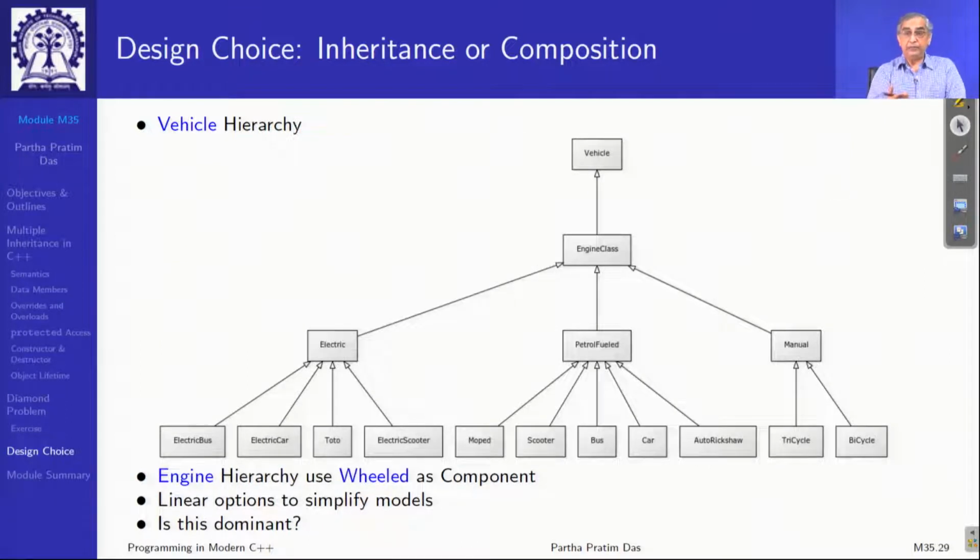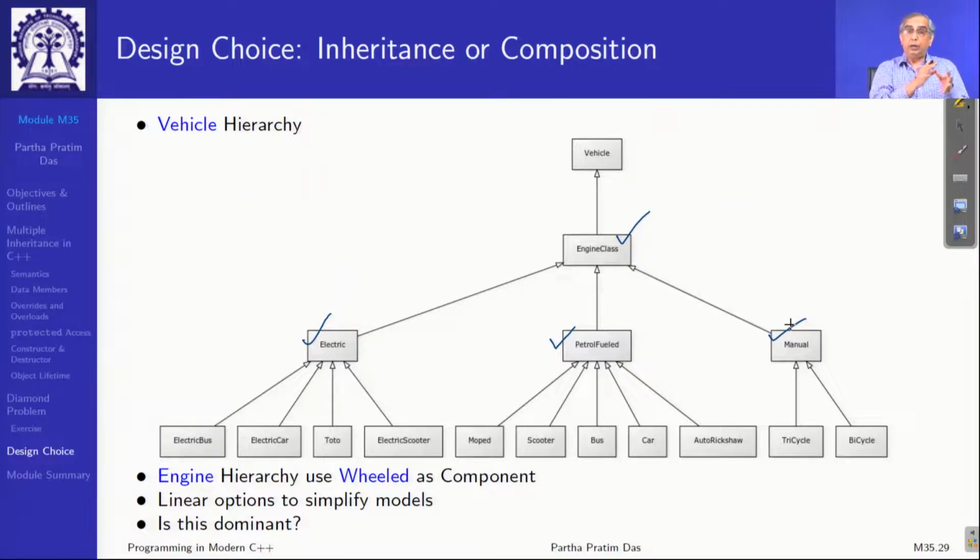You can look at this from the other property's perspective also. You can take engine to be your dominant property, because that is deciding laws and what all you can do, electric, fossil fuel, manual, and then have all different vehicles, and in each you can put the number of wheels as a component and whatever its consequences are. Wheels are not just the number of wheels, it has a lot of other consequences.